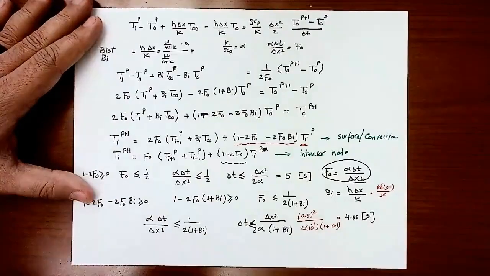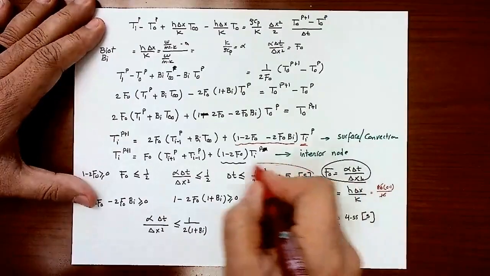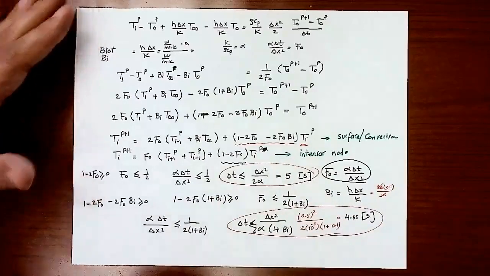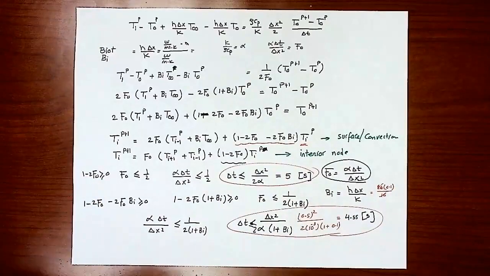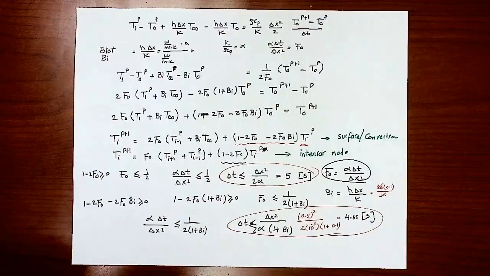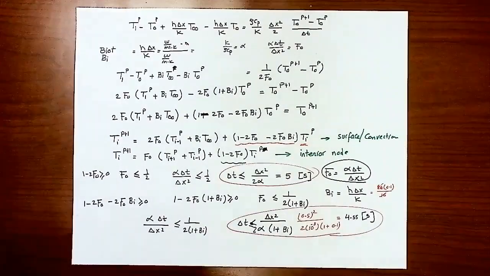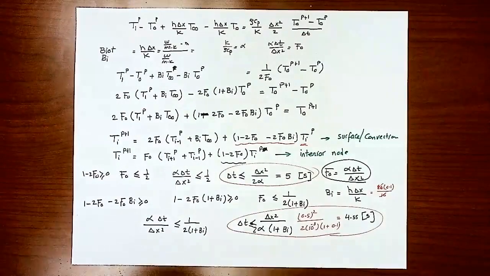So what do we have here? We have 2 time steps, each one driven from a different stability criteria. So how do you choose your time step? You choose a time step that satisfies both stability criteria. The first one is telling you that you have to pick delta t less than 5. And the second one is telling you to pick a time step less than 4.5.